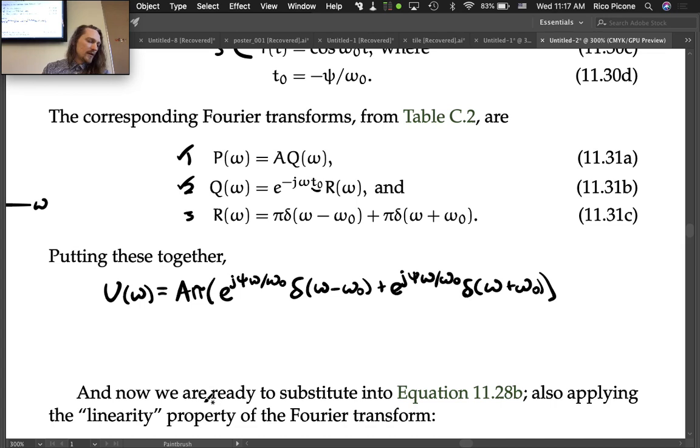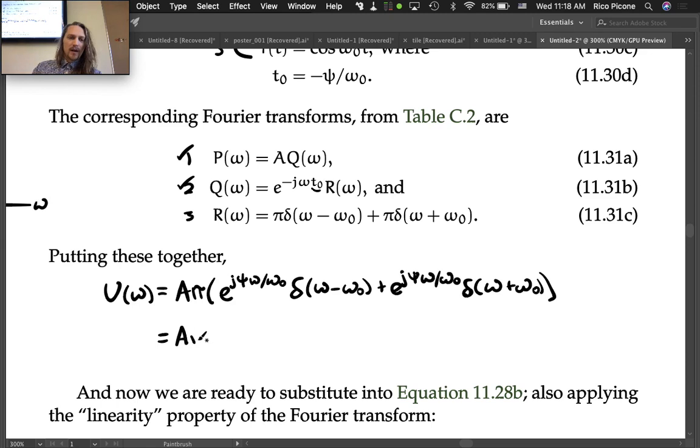Okay, so that's good. We can simplify this a little bit, because these delta functions wipe out everything in each of these terms when omega is not equal to omega naught, right? So these are going to be 0 unless omega equals omega naught. So we can assume that whenever it's going to be non-zero, omega equals omega naught, right? So if omega equals omega naught, these exponentials can be simplified.